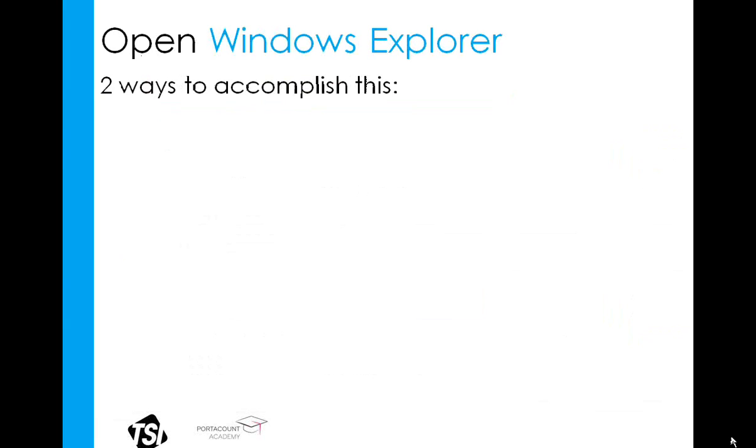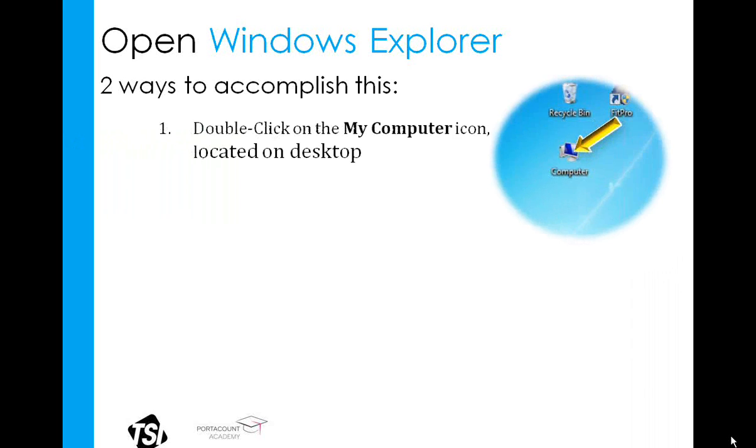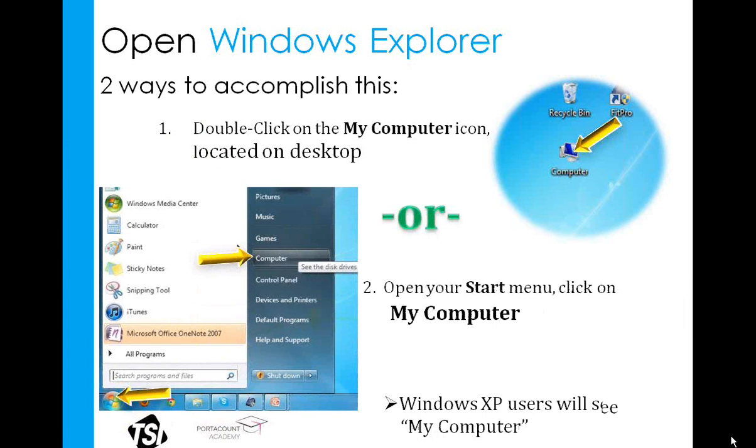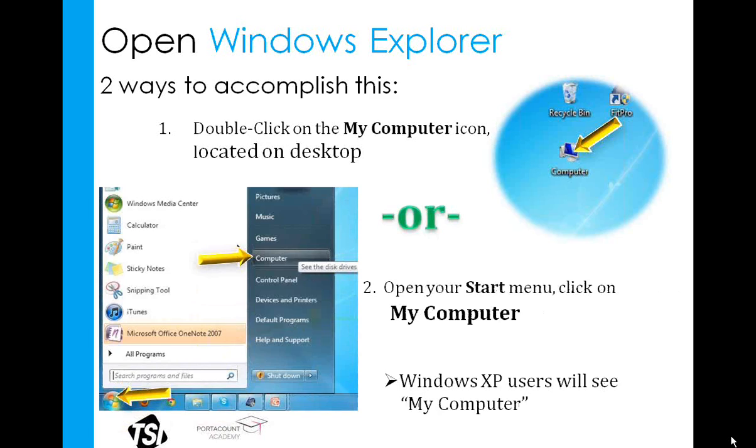Now, via your computer, we want you to open up your Windows Explorer, or also called the My Computer window. Now, this is typically done in one of two ways. Either by double-clicking on the My Computer or computer icon located on your desktop, or by going to your Windows Start menu, usually located in the lower left-hand corner of your monitor screen, and clicking on My Computer or computer listed in the right-hand side.